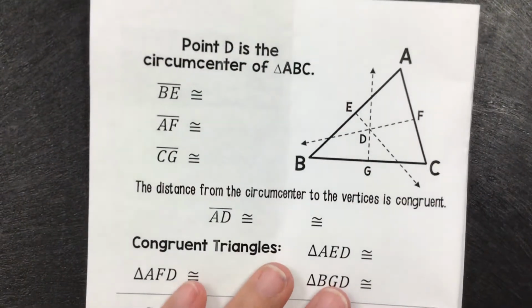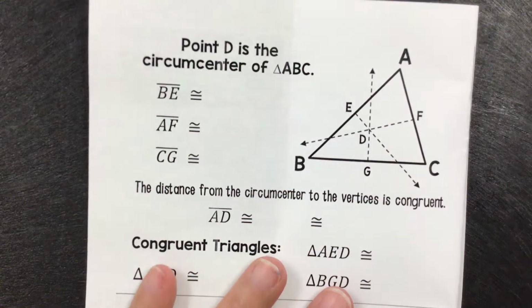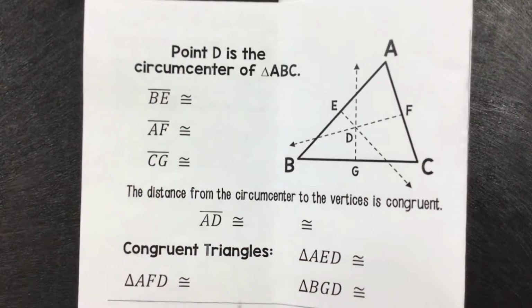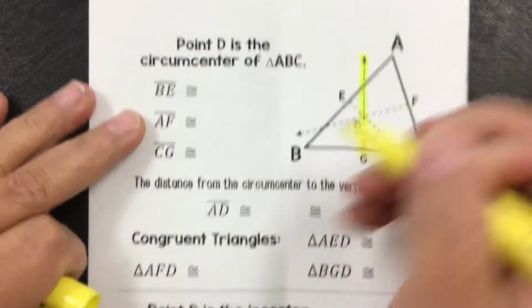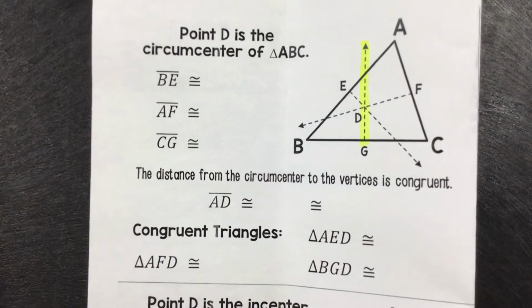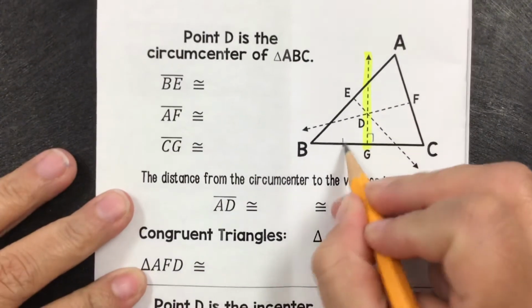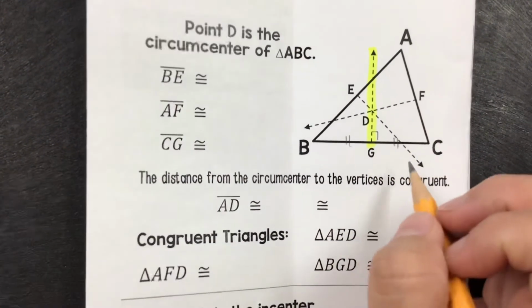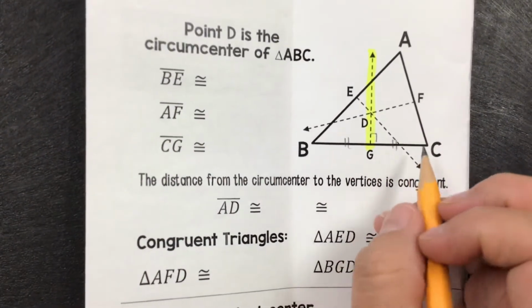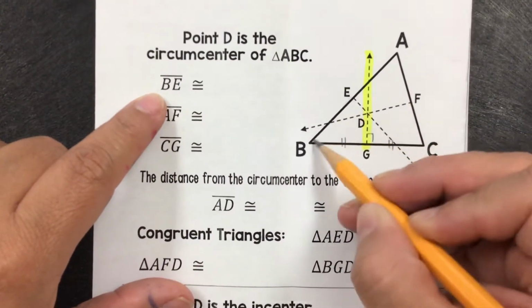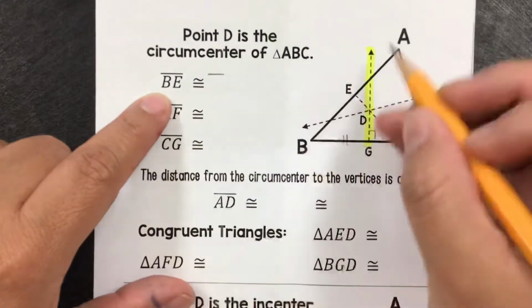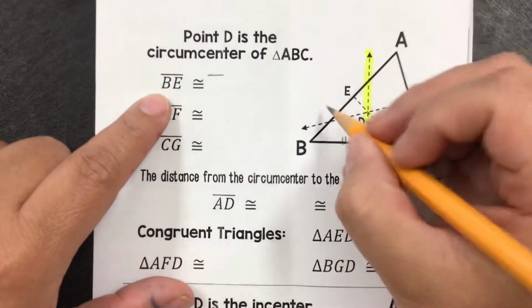We have point D is the circumcenter of the triangle ABC. So let me just highlight one again. And what we're looking at is that it's at 90 degrees because it's a perpendicular bisector, which means that it cuts the section in half. And if we're looking at the segment BE, that would be congruent to the segment EA.